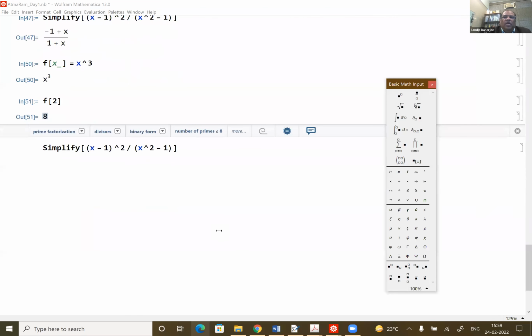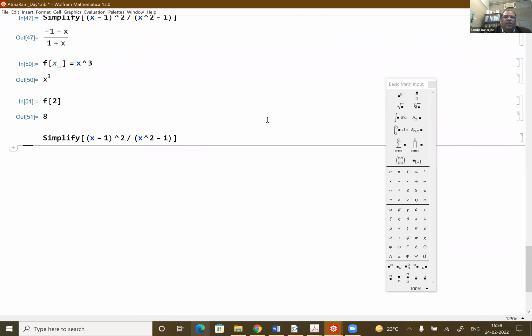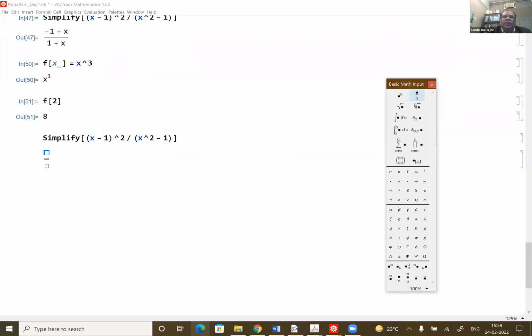Now what I'm going to do is I'm going to type this. So this is a fraction. I put a fraction, and then it is x minus 1 whole square.